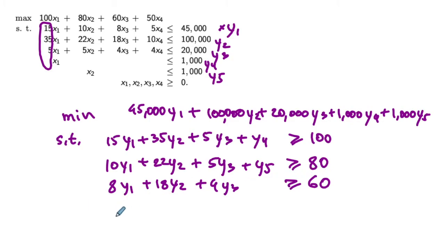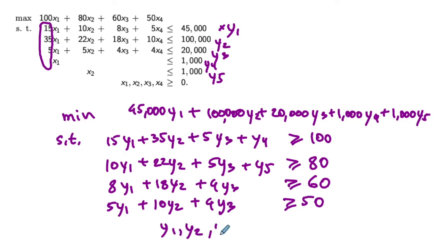And the last constraint would be for x4, we will have 5y1 plus 10y2 plus 4y3 is greater than or equal to 50. And all the variables y1, y2, y3, y4, y5 are greater than or equal to 0.